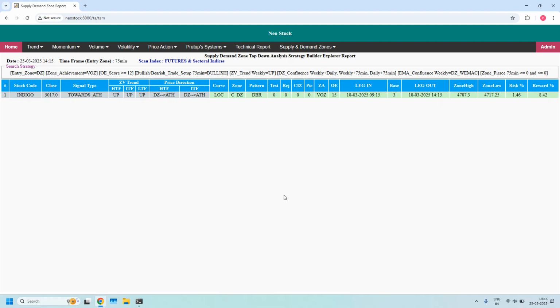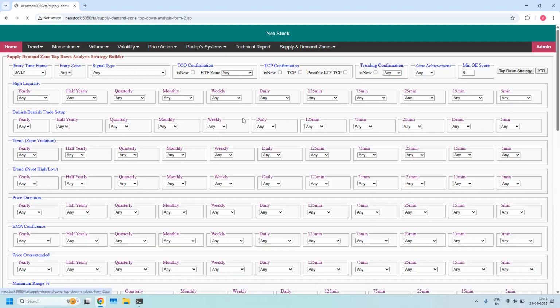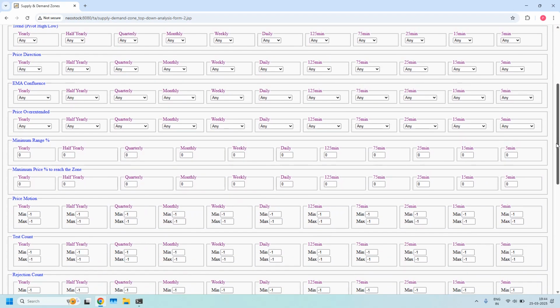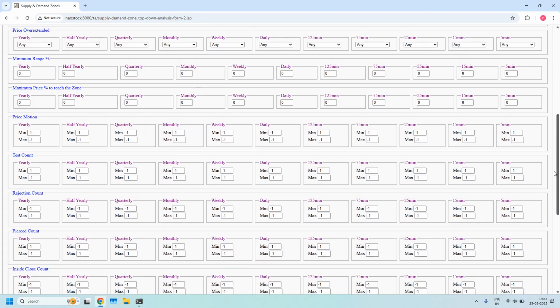Next, bearish trade setup for weekly income trade. Entry time frame is 75 minutes. Entry zone is supply zone. In bullish or bearish trade setup at 75 minutes, selecting bearish. Zone achievement violated opposing zone. Minimum odd enhancer score 12. And also 75 minutes supply zone should not be pierced.